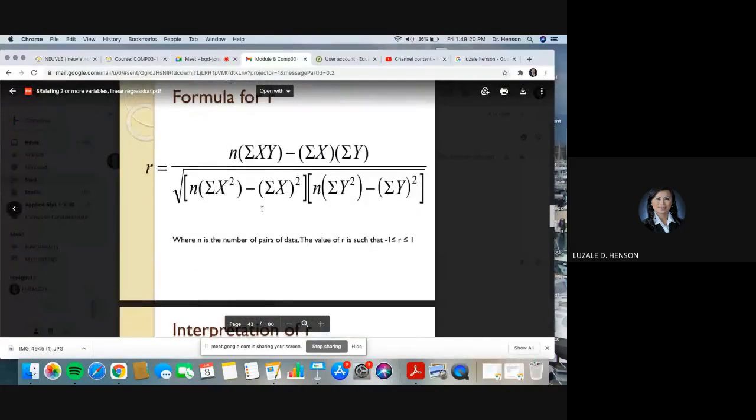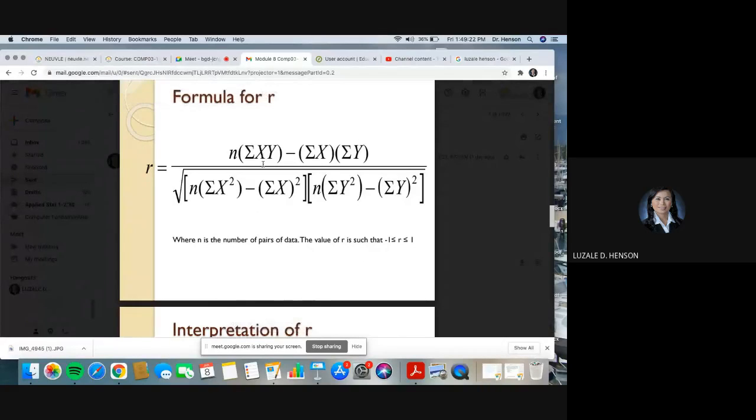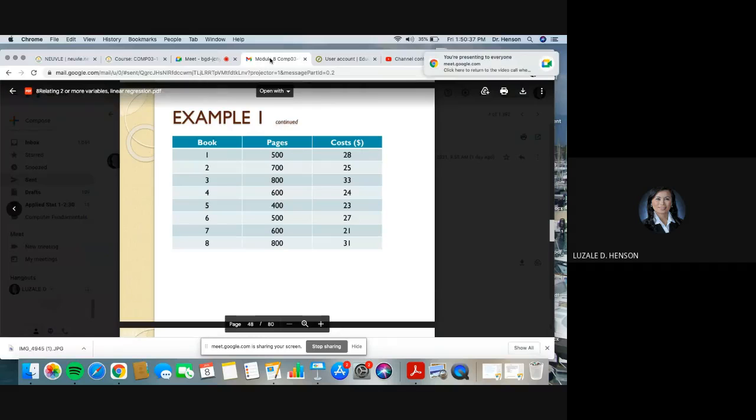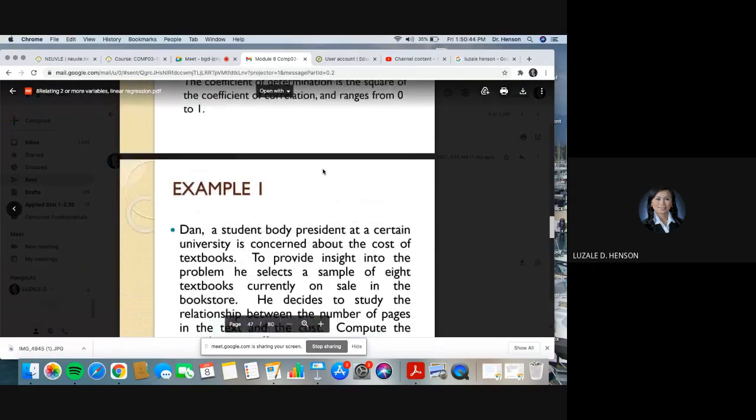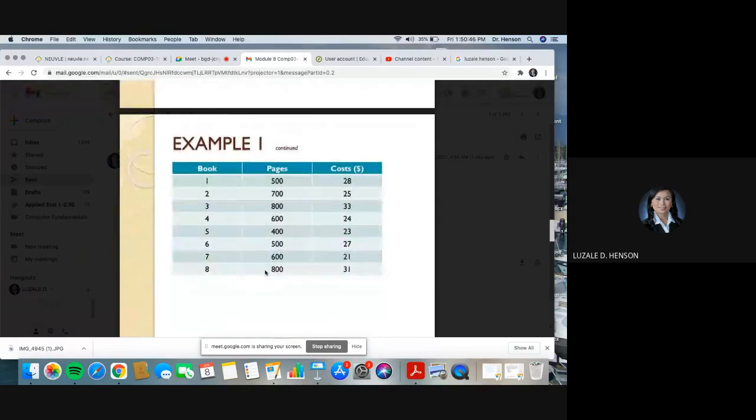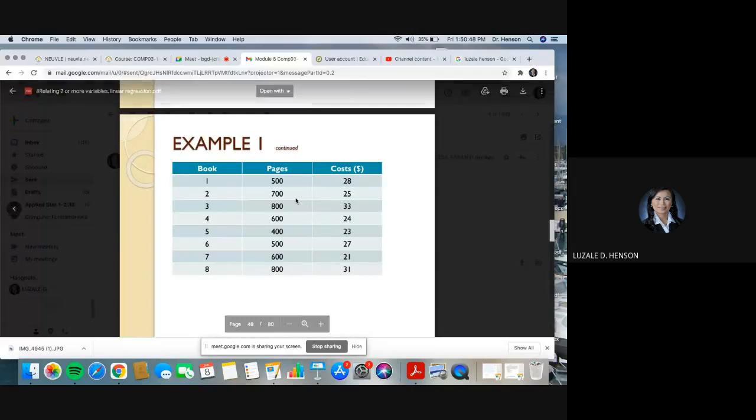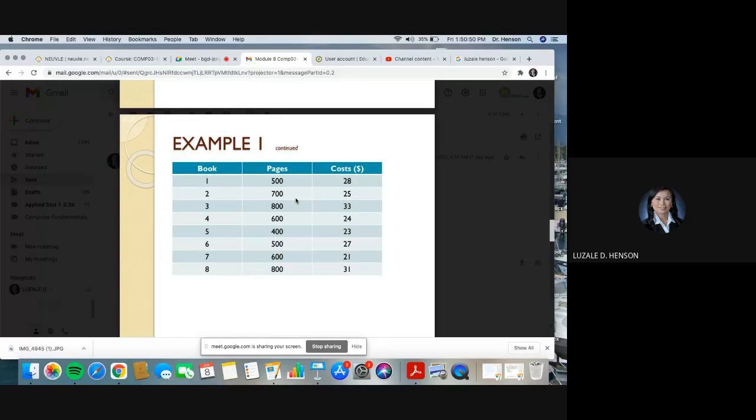If I were you, if you will do this manually, then there has to be a column for the product of X times Y, another column for the X squared, another column for the Y squared, and so on, so you can get this already. And you can do this in Excel if you want. This is only 8 observations. But if you have more than 8, say you have 50, don't tell me you're going to do this manually.